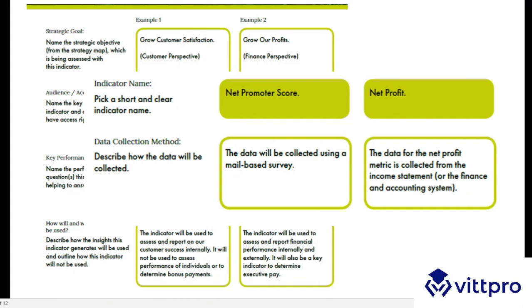I will just ask them how they rate the score. So not mail based. It depends on the company how they want to collect the data. So you have to define this immediately whenever you are setting up the indicator.